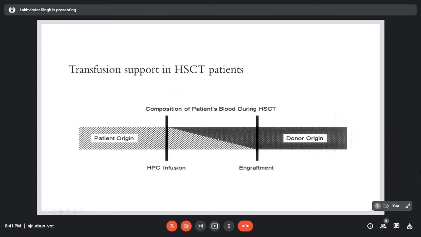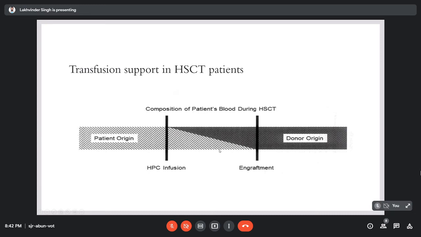If I give an example, the recipient is A and the donor is O. After transplantation, in this phase, the forward grouping may become O, but the reverse grouping is still A. So there's an ABO discrepancy. So it becomes difficult for the blood bank people to decide which blood group to give.